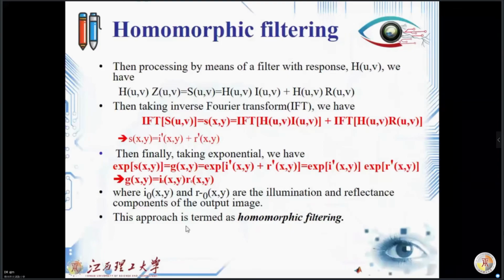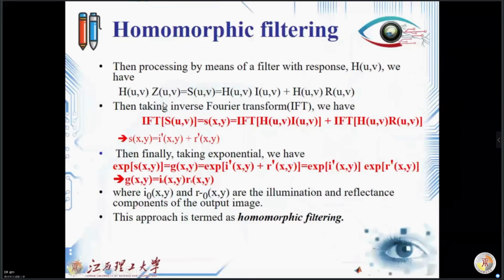Then taking the inverse Fourier transform, or IFT, from both sides, we can take the exp of that, in which I0(x,y) and R0(x,y) are the illumination and reflectance components of the output image. This approach is termed homomorphic filtering, and this formula was the concept of homomorphic filters.